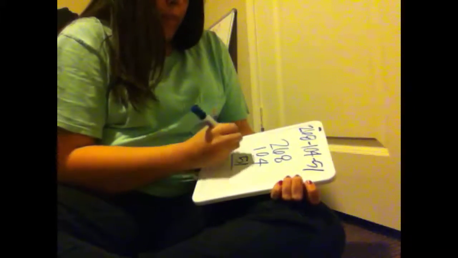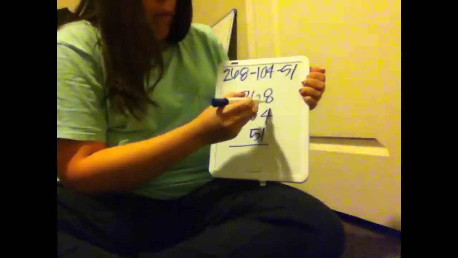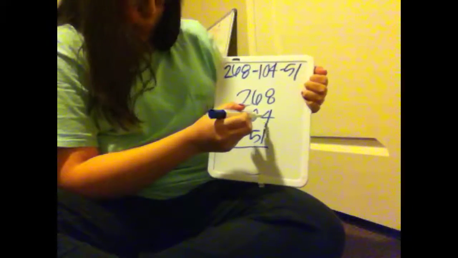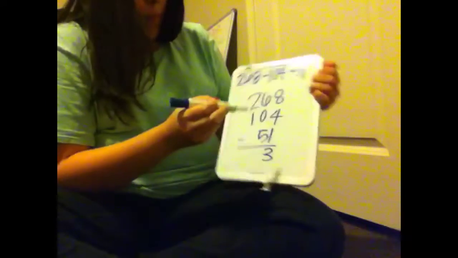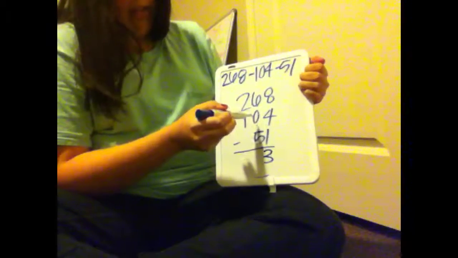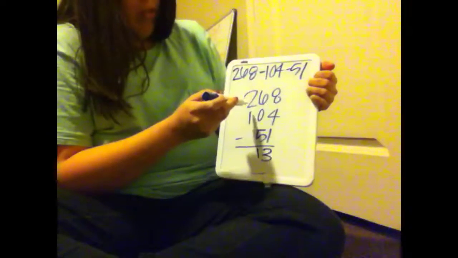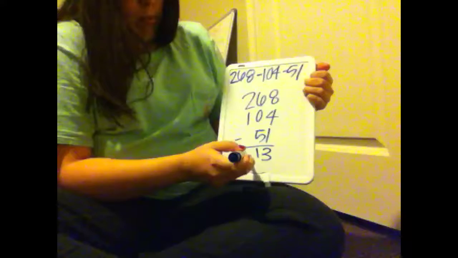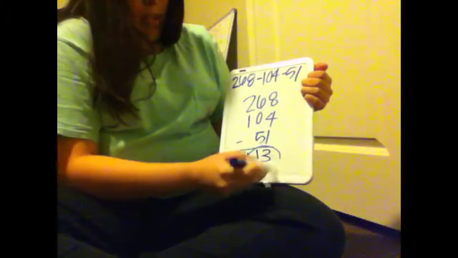So we're going to do 8 minus 4 is 4, and 4 minus 1 is 3. 6 minus 0 is 6, and 6 minus 5 is 1. 2 minus 1 is 1. So it's going to give us 113.